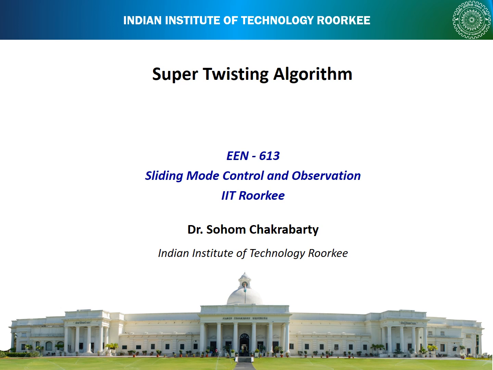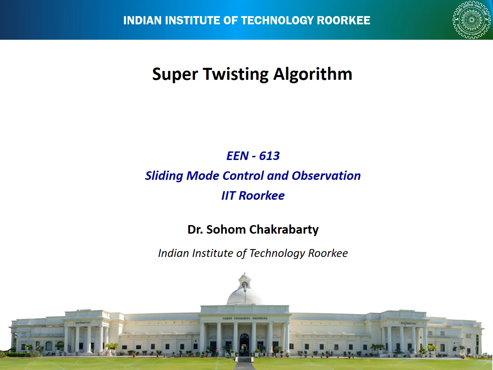We saw that if the sliding variable is of relative degree 1, then we need to take another derivative so that we can go to the second derivative of the sliding variable and apply the twisting algorithm. And if the system is of relative degree 2, then we can straight away apply the twisting algorithm.